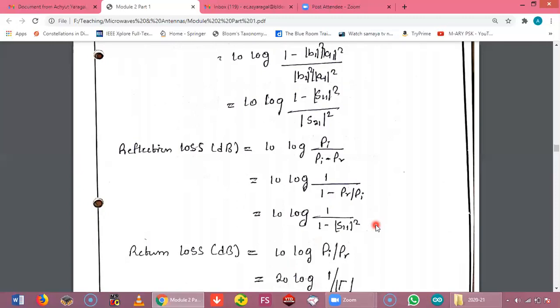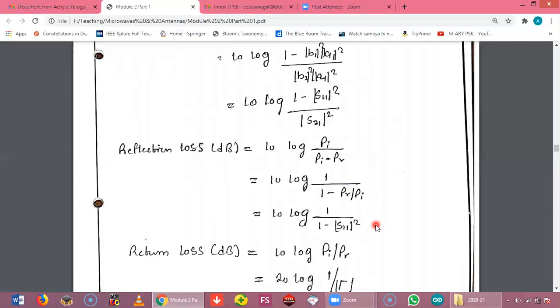After the normalization process, with Z0 equal to unity, we are able to find V1 and V2. Then the physical significance of the S parameters: S11 and S22 are the reflection coefficients at the respective ports, and S12 and S21 are the transmission coefficients from port 2 to port 1 or port 1 to port 2.